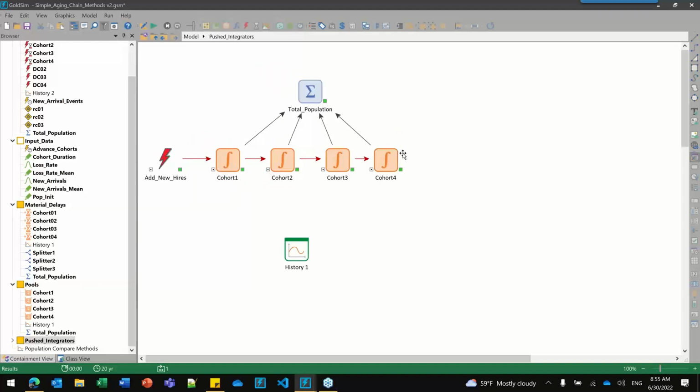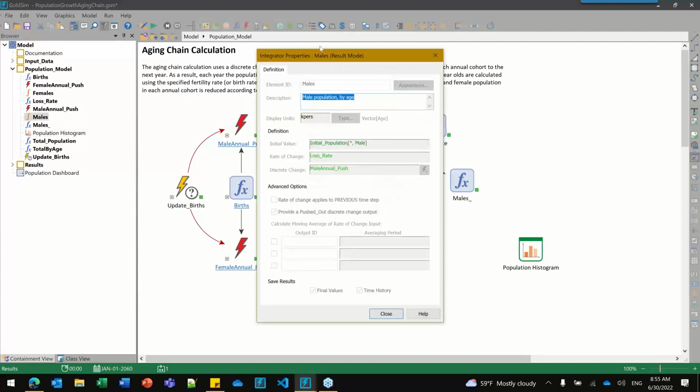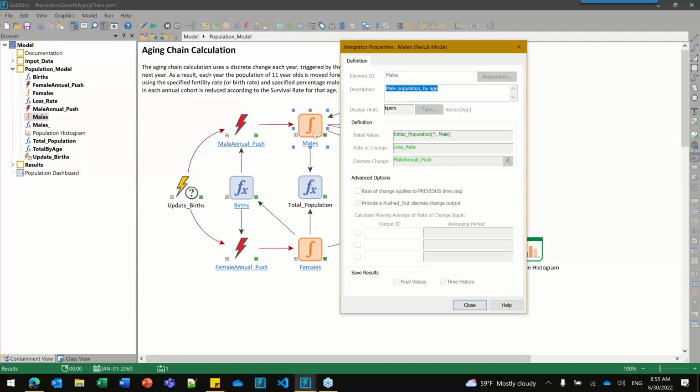You don't need to just split this out into multiple integrators. In fact, the first model I showed you is using the integrator method, but it's using an array. The integrator is a vector. So if you open this up, you see that instead of having an individual integrator element for each cohort, we've just used it as a vector. And that's just the way that the push output works in this case.